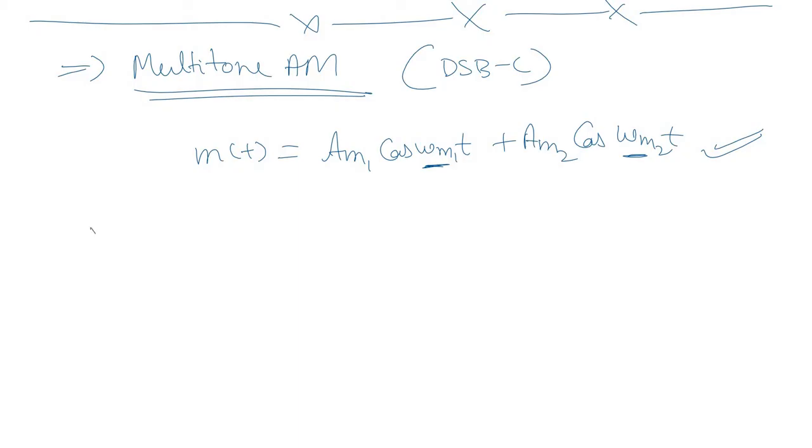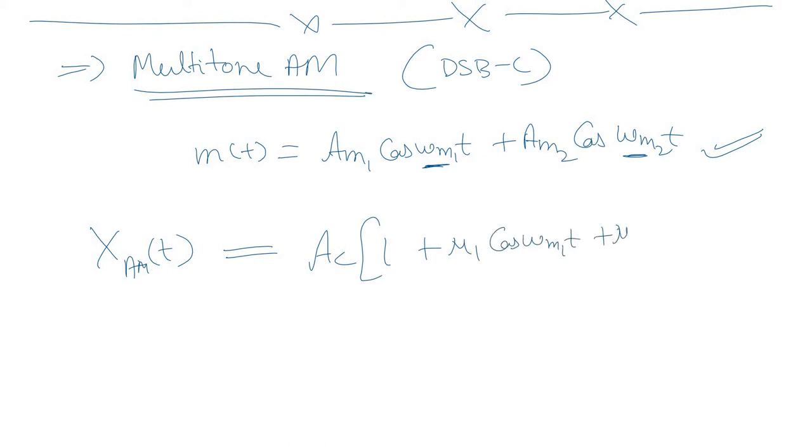So the modulated signal x_AM(t), DSB-C type of modulated signal, would be of the form Ac into 1 plus mu1 cos omega m1 t plus mu2 cos omega m2 t, and into cos omega c t. This is the message signal, and the carrier signal c(t) is Ac cos omega c t.